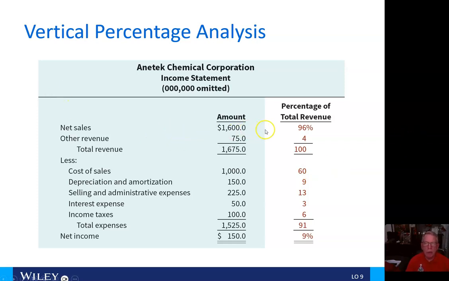Here's the income statement and a vertical percentage analysis. Quite often done in our income statements. And here the net sales is 96%, where total revenue is 100%. And then they express everything here as a percentage of total revenue.